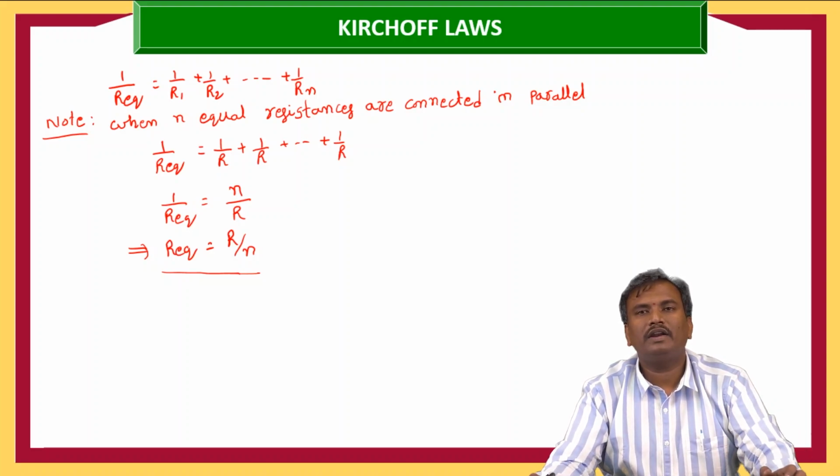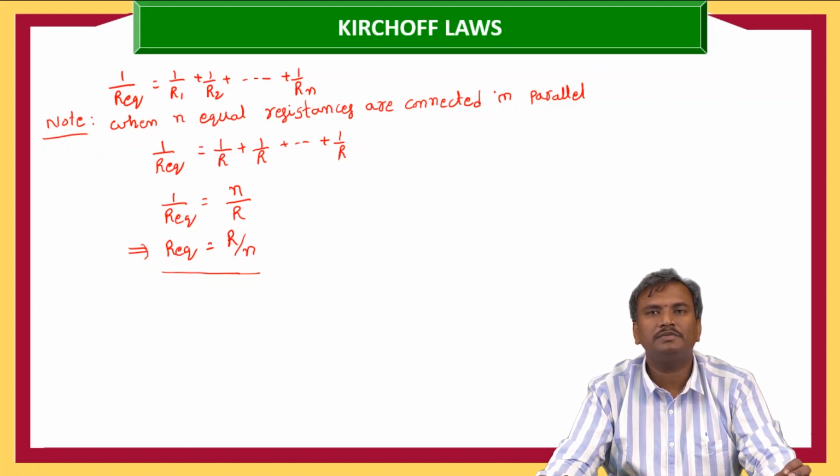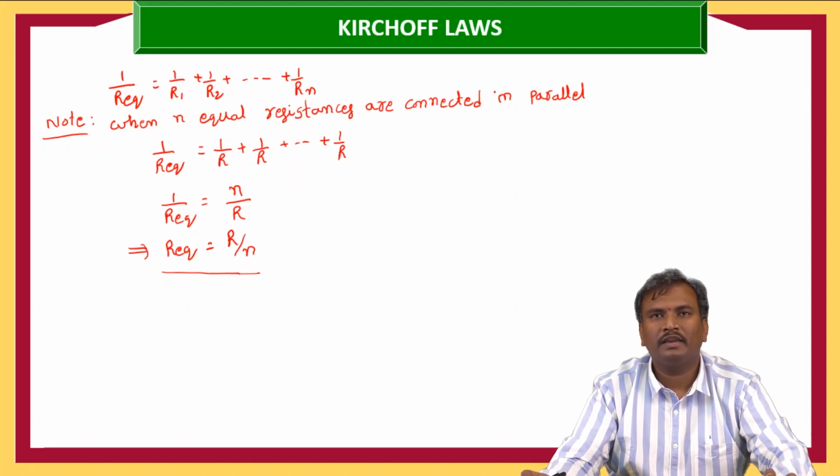That is, when n equal resistances are connected in parallel, the equivalent resistance will be reduced by n times.